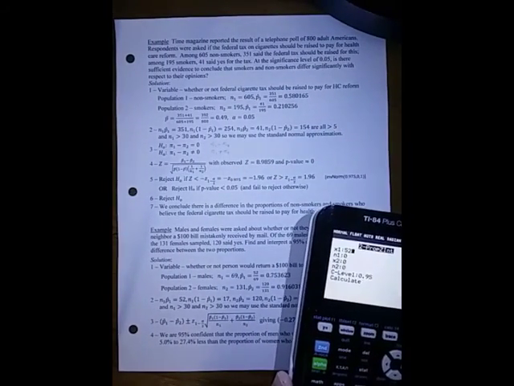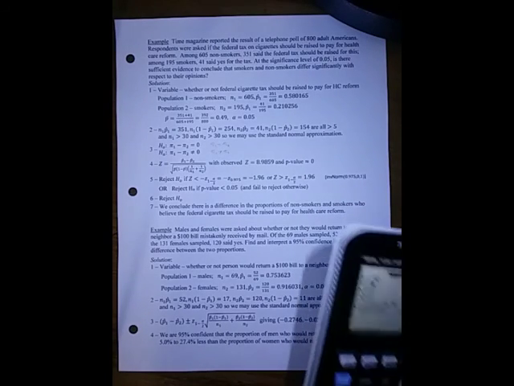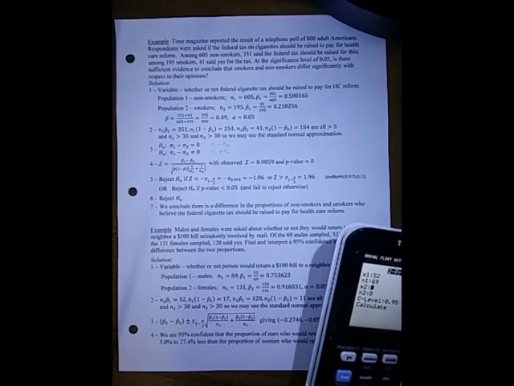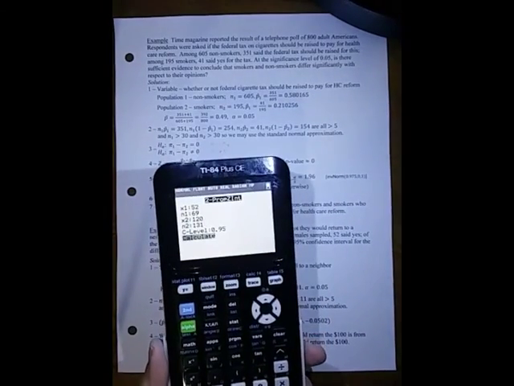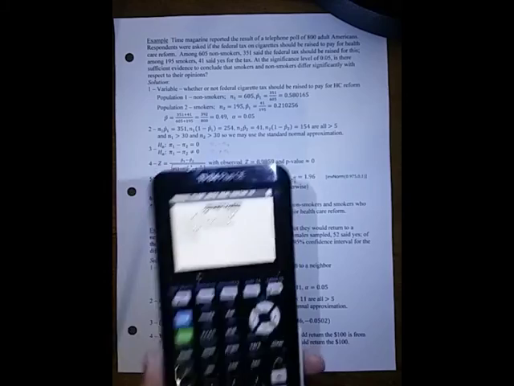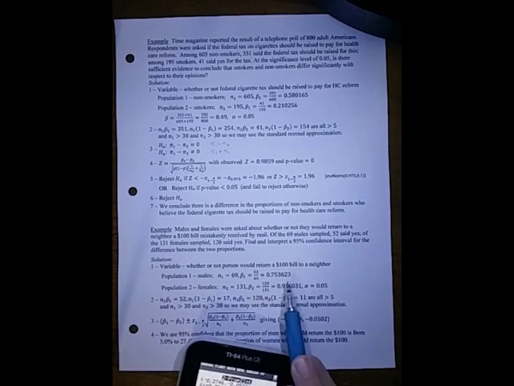There's 52 with, and then that was a total of n1, which was 69. And then you had the number with for the females, which was 120 out of 131. And we want a 95% confidence interval, so that would be that. That would give me this, which is where these numbers come from. It also calculated those proportions for you. The z-test is similar. Up here we would have selected the different than alternative.